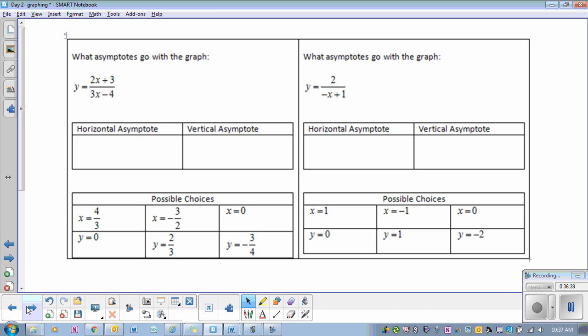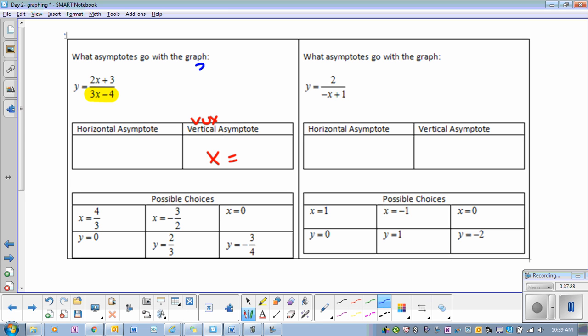Let's look at this first one. First of all, vertical asymptote, which one is it? So this has to be x equals. Now, go to your blue sheets and look at the vertical asymptote. How do I find it? Set the denominator equal to 0 and solve it.